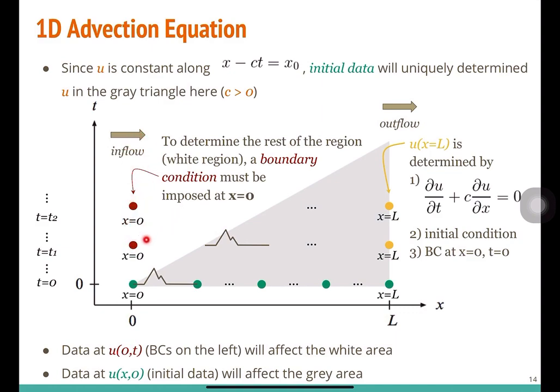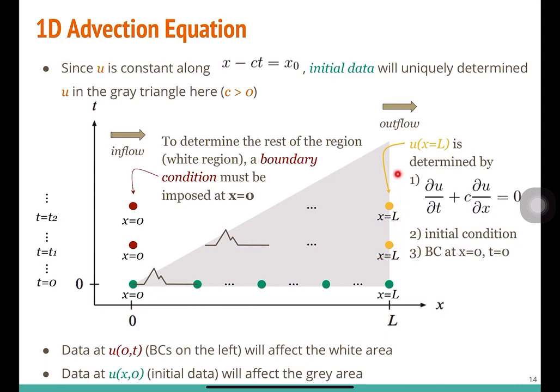So the values here will determine the rest of the region, which is the white region here, and the boundary condition must be determined at x equal to 0. So the dots here.